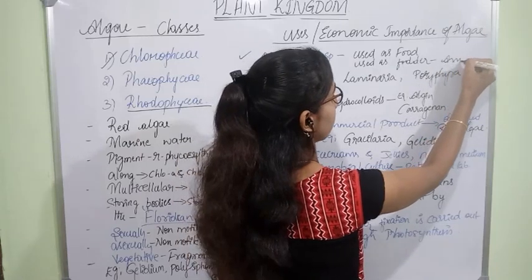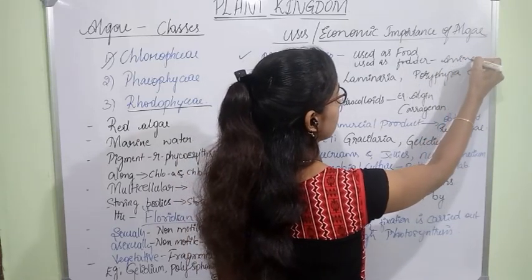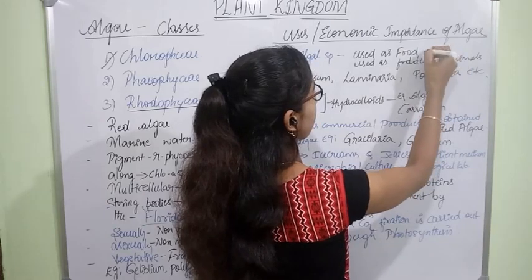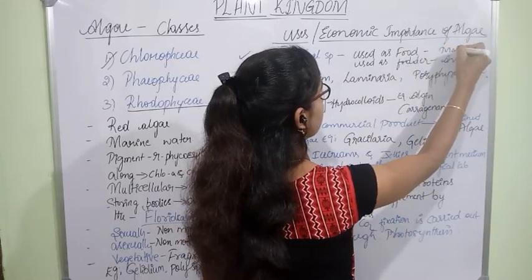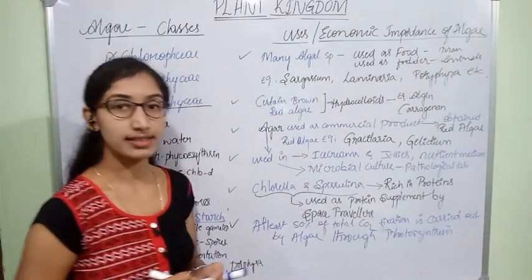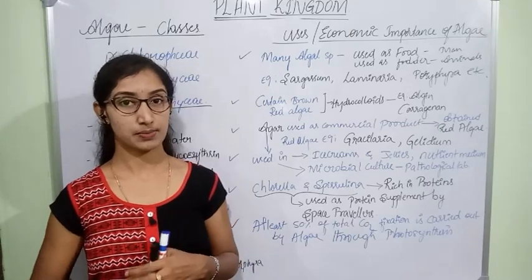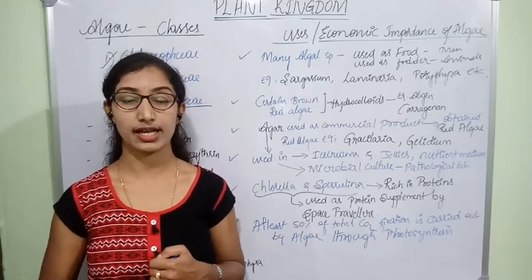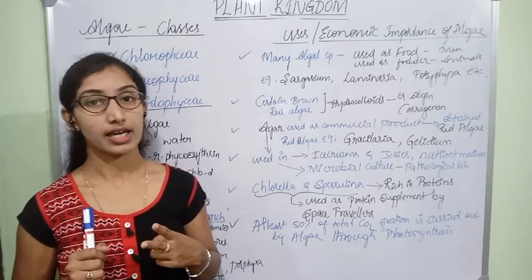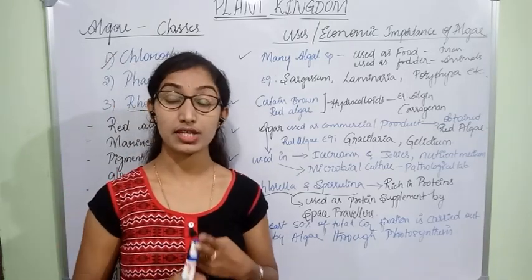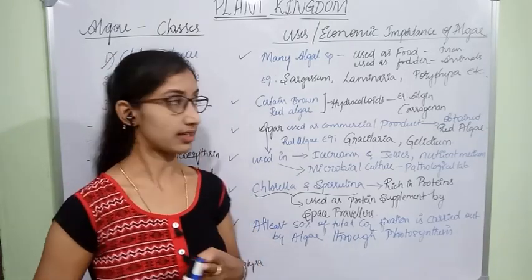They are used as fodder by cattle and food by man. Like this, many of the algal species are consumed as food, as well as used as major fodder for the cattle.